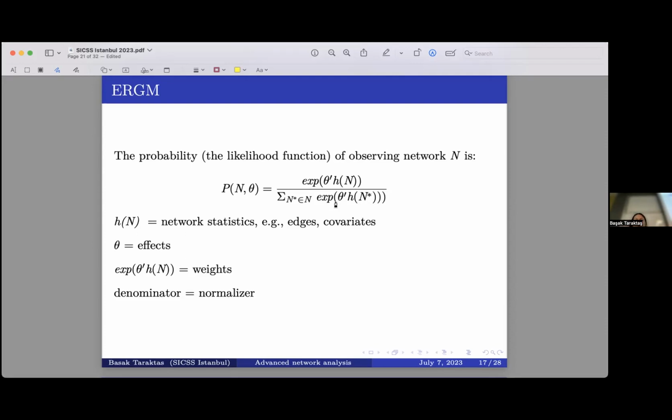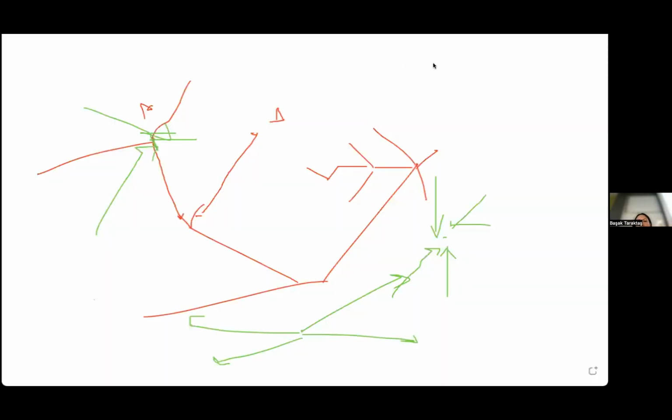There can be many. Actually, let's do this. That will make more sense. You run a simulation here, and if you observe it by chance, then it's not significant.